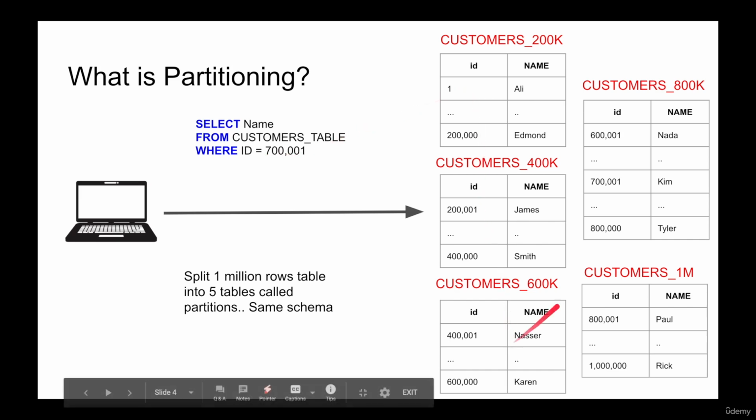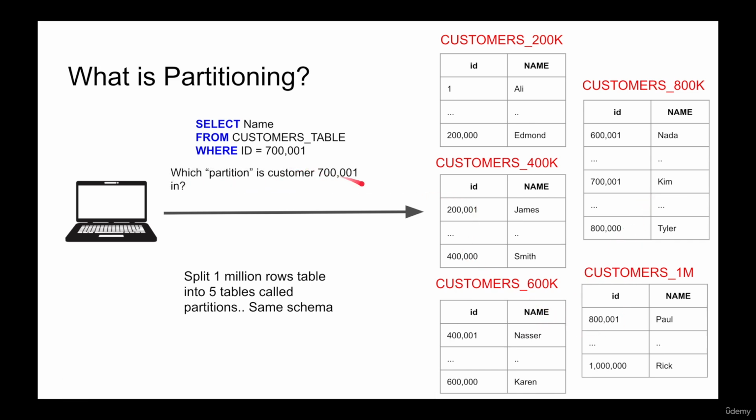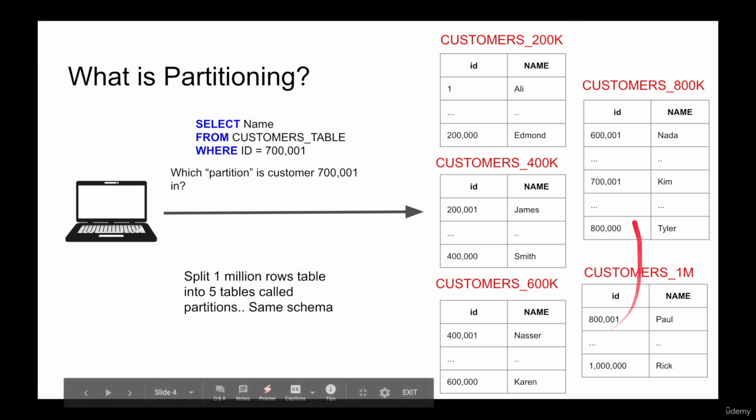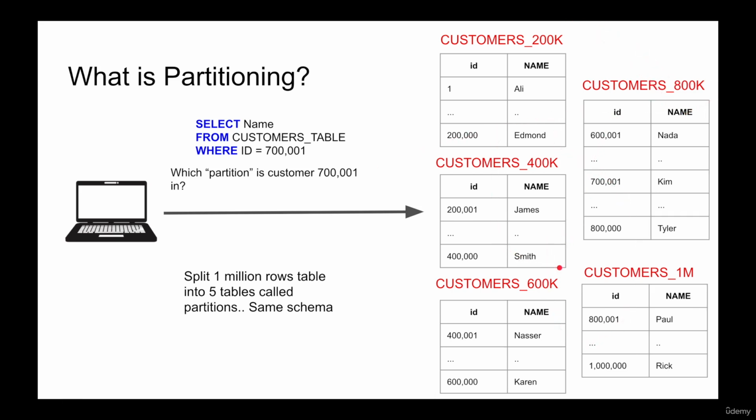This one or this one? It's very easy, because which partition is customer 701 in? We have the definitions in the partition. There is metadata attached to it, where 700 is between 600 and 800. So that's exactly the table we need to query. So partition customers 800K, we hit that table immediately.